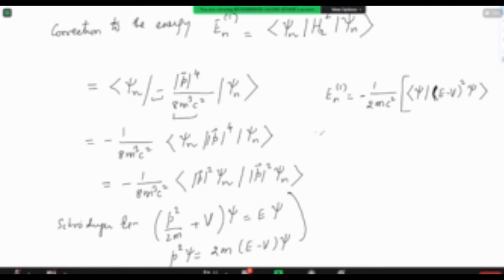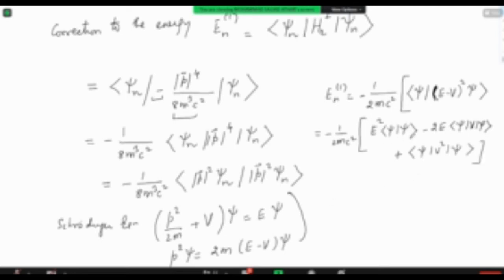Therefore, what will be this? Minus 1 by twice m c square, E square, because this E square we can take out, and we will have this part minus twice E psi V psi plus psi V square psi.